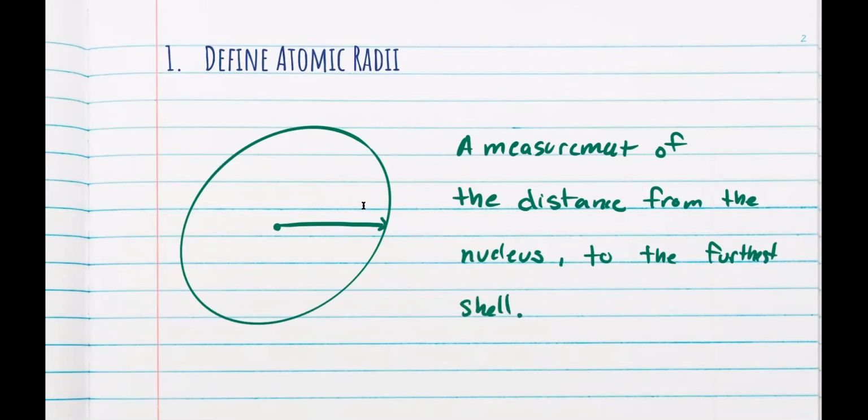And in general, the atomic radii just tells us the size of the atom.